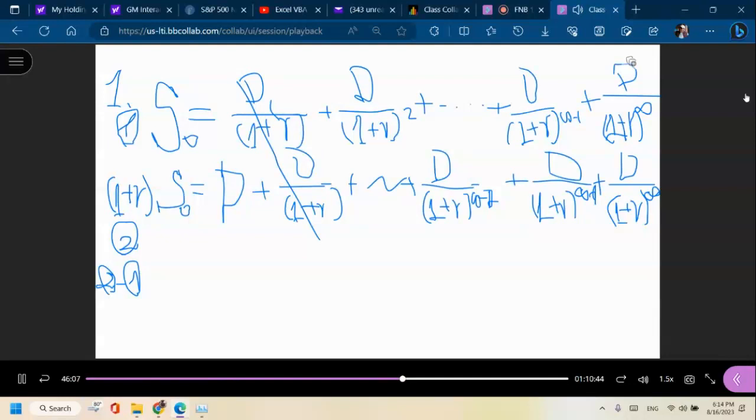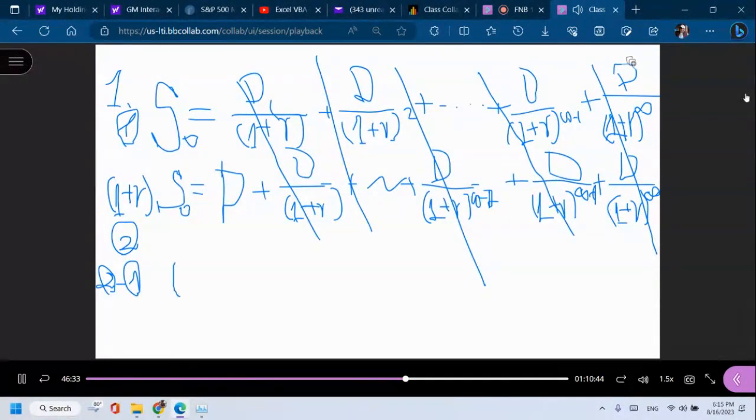The D over 1 plus R squared terms cancel out, and the D over 1 plus R raised to infinity minus 2 terms cancel out as well. These two will cancel out, right?